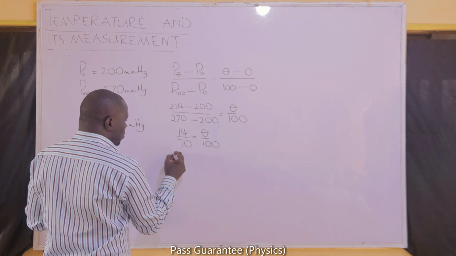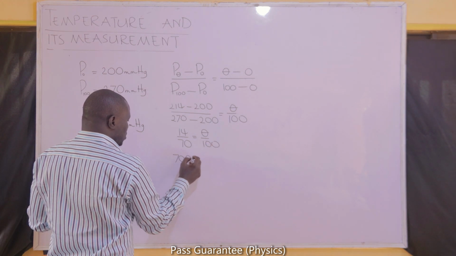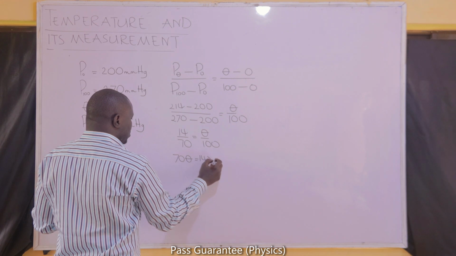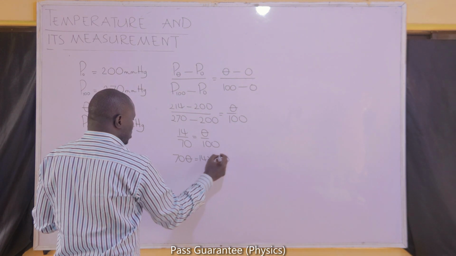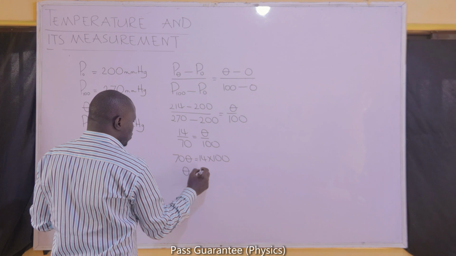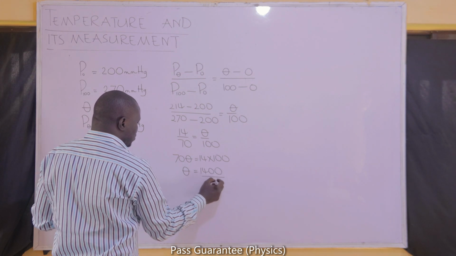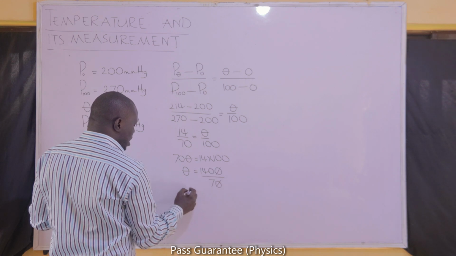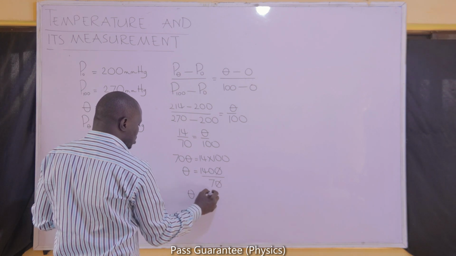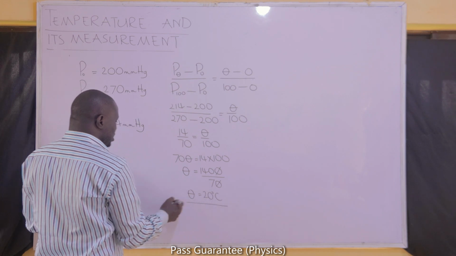If we cross multiply, we have 70 theta is equal to 14 times 100. It means that theta must be equal to 1,400 divided by 70, and theta must be equal to 20 degrees Celsius. And that is the answer to the question.